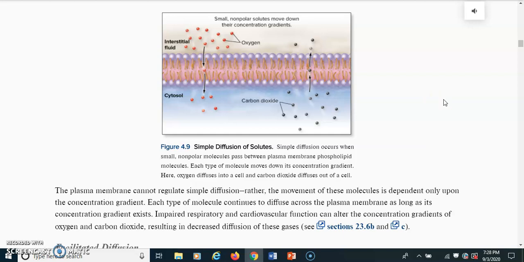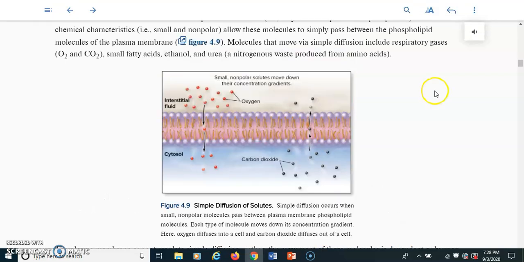Whenever we have molecules that move through the phospholipid bilayer, in this case they're using oxygen as an example. It's very small and it can move through the phospholipid bilayer. And you'll notice that generally in the body, oxygen is higher outside the cells than inside the cells.